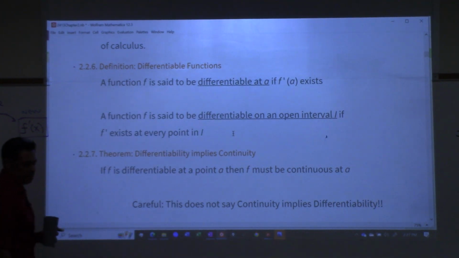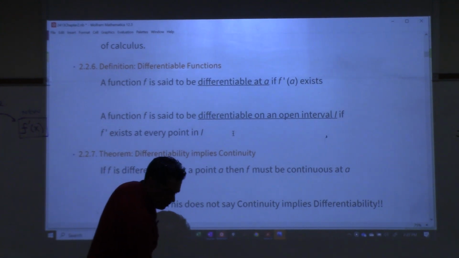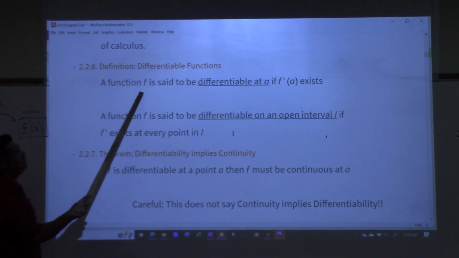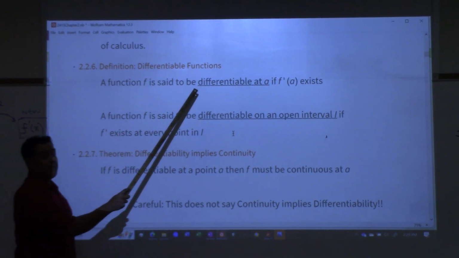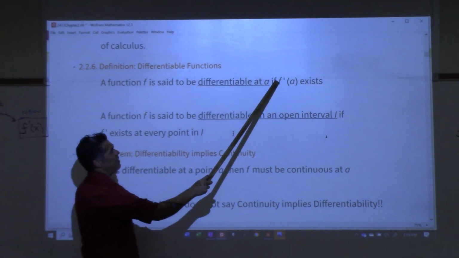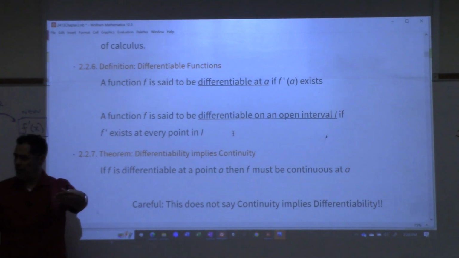All right, this next part has to do with just language. New terminology. A function f is said to be differentiable at some value a if the derivative at that value a exists. Remember, the derivative is a limit, right?